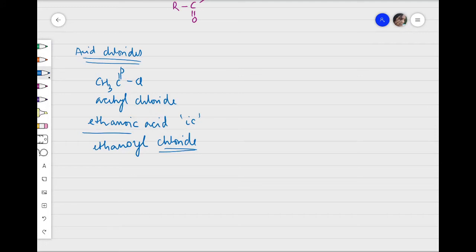Similarly, if I had a benzene ring with C double bond O Cl, we will say this is benzoyl chloride.